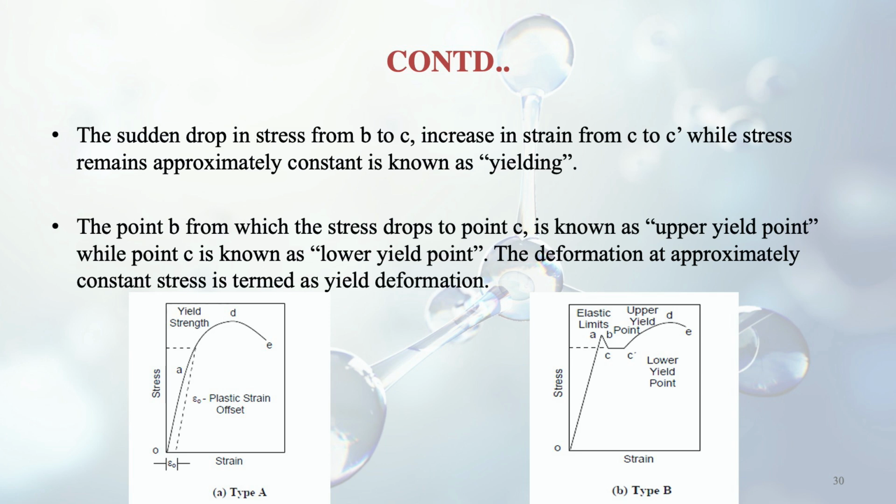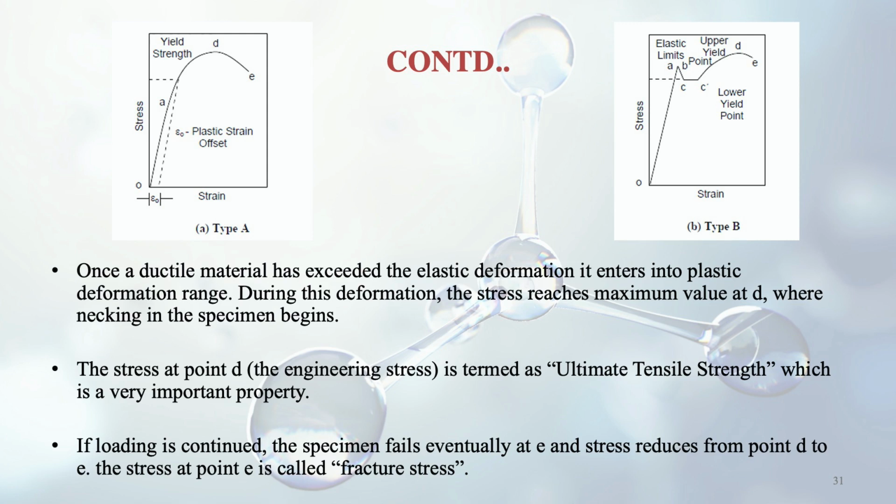The deformation at approximately constant stress is termed the yield deformation. Once a ductile material has exceeded the elastic deformation, it enters the plastic deformation range. During this deformation, the stress reaches its maximum value at D when necking in the specimen begins.